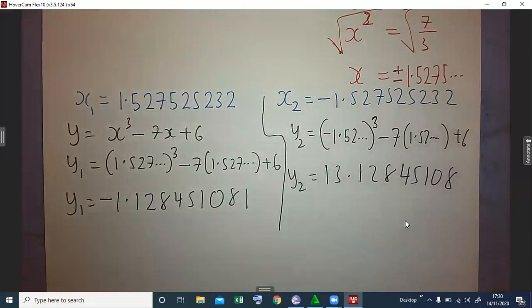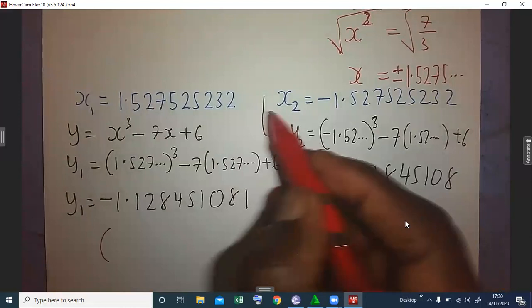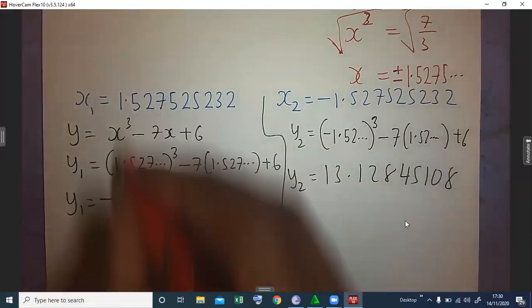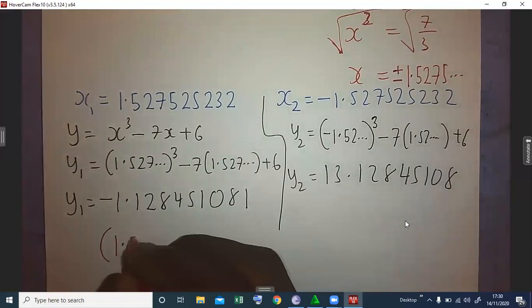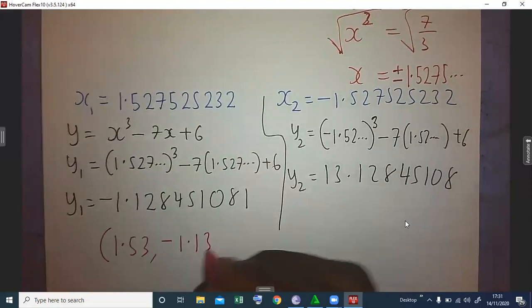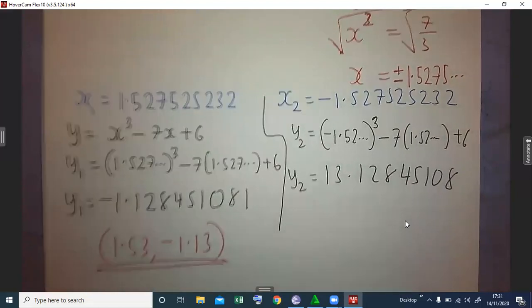Then finally, after getting both the values, when we're writing the final answer, then we can round off, but we cannot round off as we are doing. That's why I was keeping all the readings of the calculator. So I can say my x reading is 1.53 and my y reading is negative 1.13. That's my first turning point.